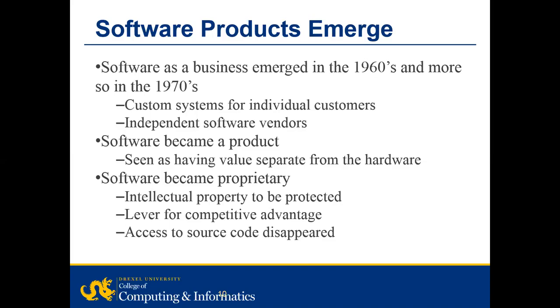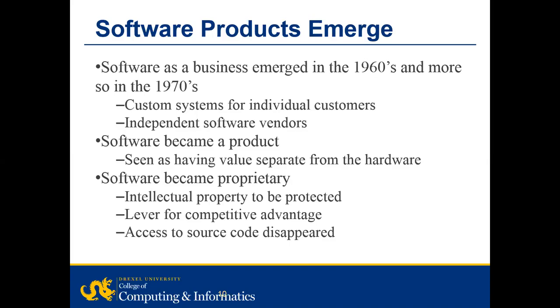So what happened, another way to think about this, is software became a product. And all of a sudden, people started to think about software as having its own value, separate from the hardware. Now, once that happened, the hardware companies, which had been very free about circulating their software to anybody who had their hardware, started to think about the software in this new light. They started to think about their software as a product.